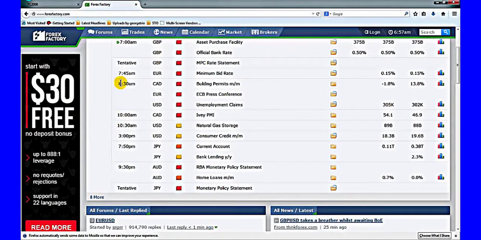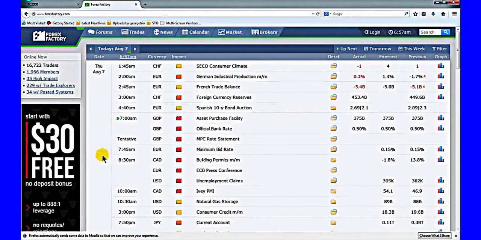Let's see again if we have other economy news just after that. There's one here. So you have to understand there is another economy news that is due every Thursday. This is the unemployment claim due at 8:30 a.m. So the market is still waiting for this economy news regarding the U.S. economy because we are trading the pound U.S. dollar currency pair.